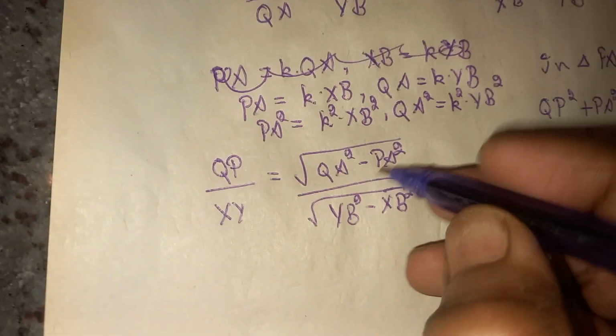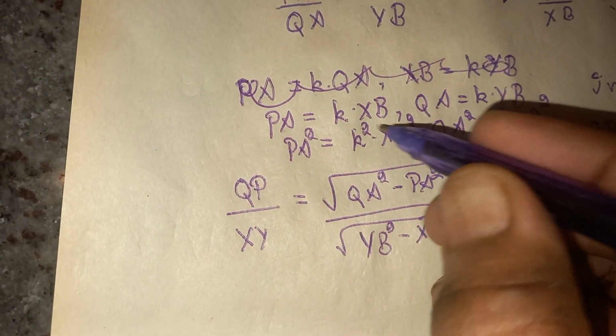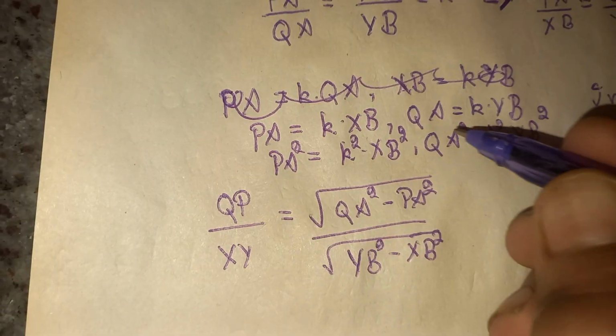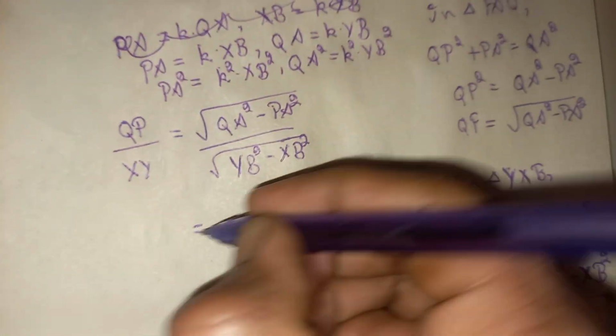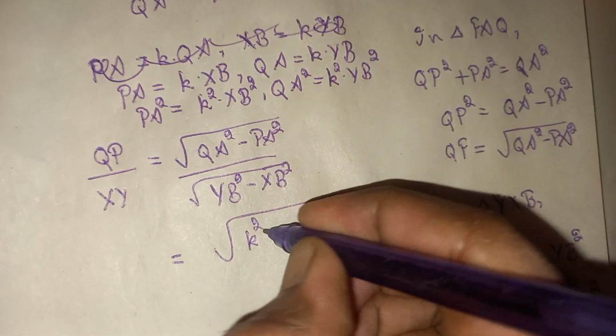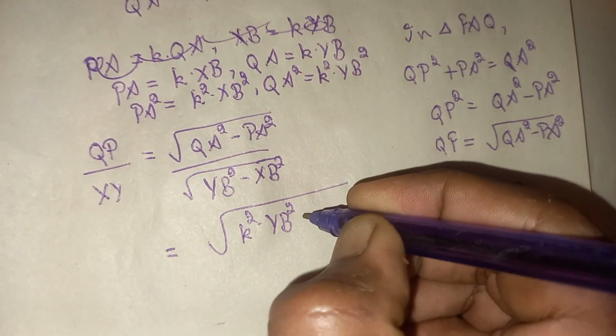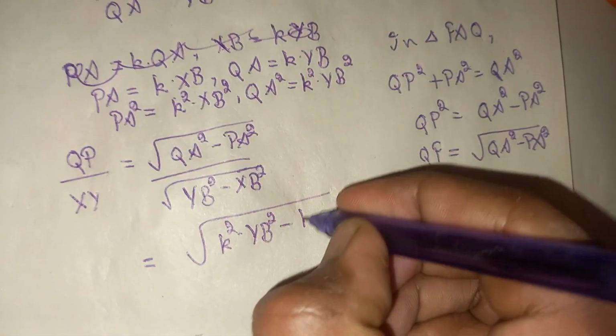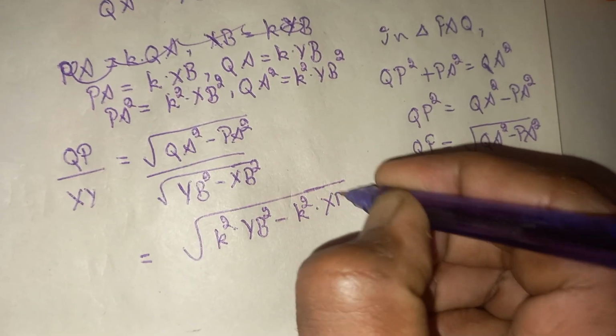Now instead of PA square and QA square, substitute these. After plugging in, we get root of K square times YB square minus K square times XB square.